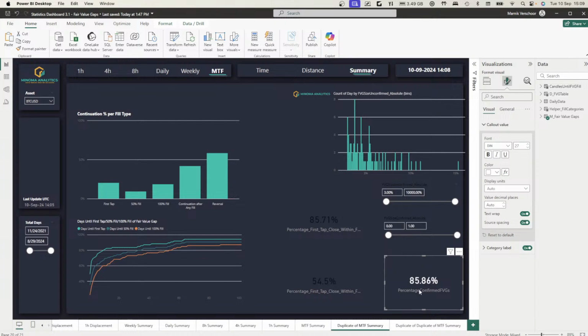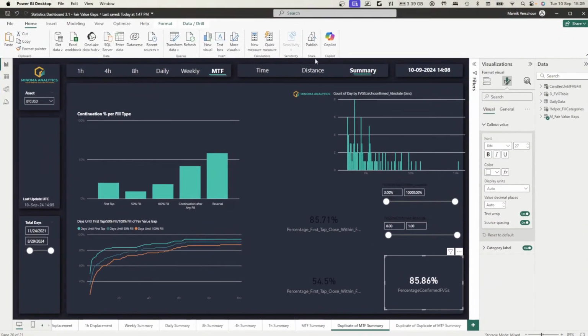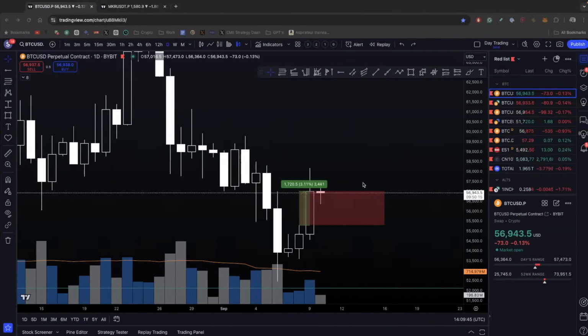What you see here is that 85.86% of unconfirmed fair value gaps that are bigger than 3%, right? So if the unconfirmed fair value gap is bigger than 3% until, well, whatever this value is, then 85% of those will turn into confirmed fair value gaps.